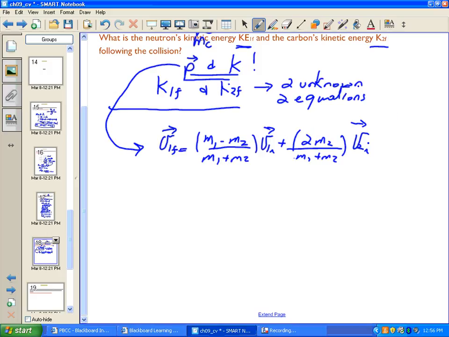Now, we also know that V2 initial is equal to 0 because remember, object number 2 is our carbon atom and it was initially not moving. So we eliminate at least that term.